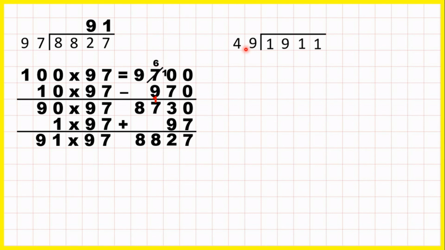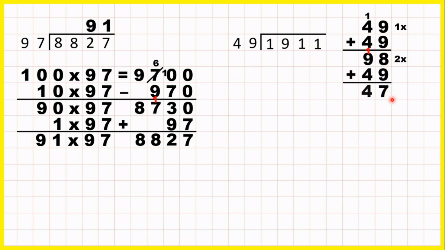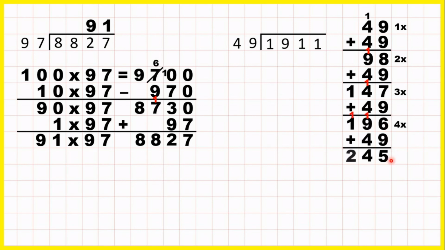Now we have 1,911 divided by 49. We can follow the same long division steps as we normally do, so keep on adding the number until we've got to 5 times. Then, looking at our question, 191, and we need to take the first 3 digits together, because if we look at the first 2 digits, we've only got 19, and that's less than 49.